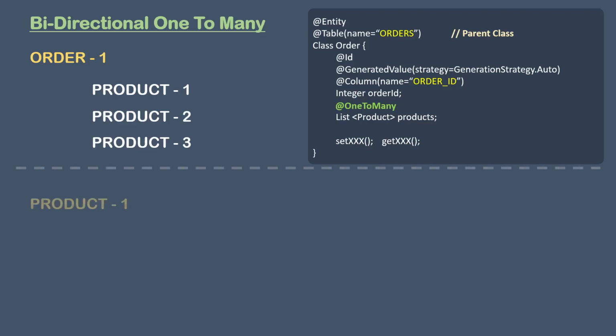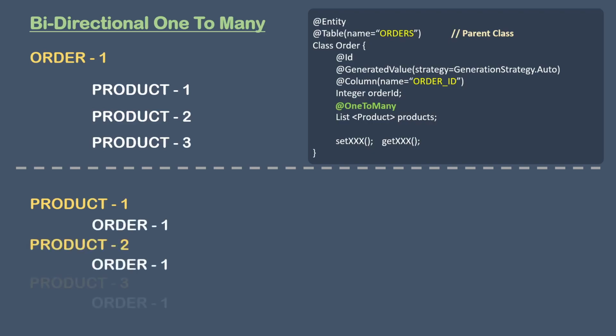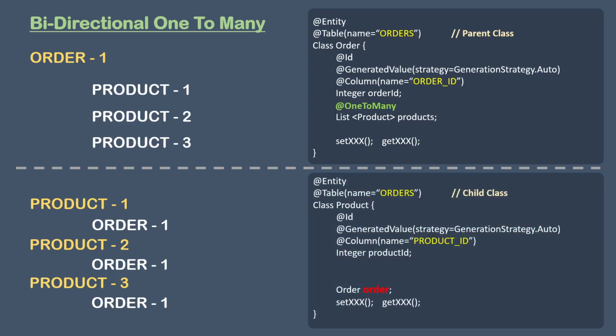On the other hand, child to parent relation wise, multiple products will refer to the same order, which is order 1. And entity mapping wise, the product class will have an order object reference with the many-to-one annotation.